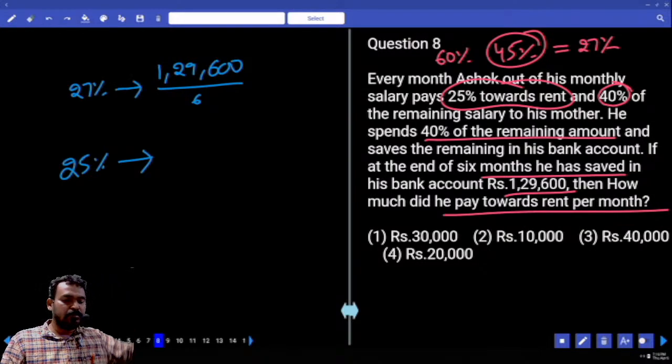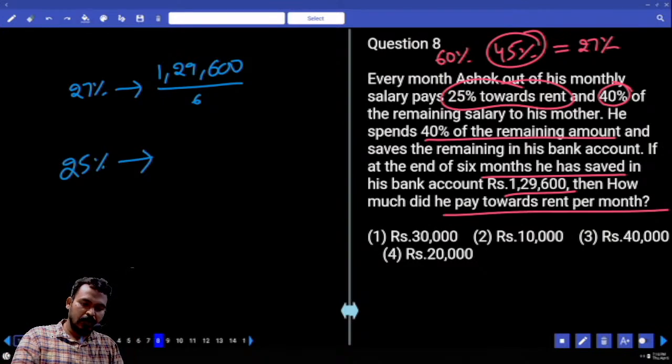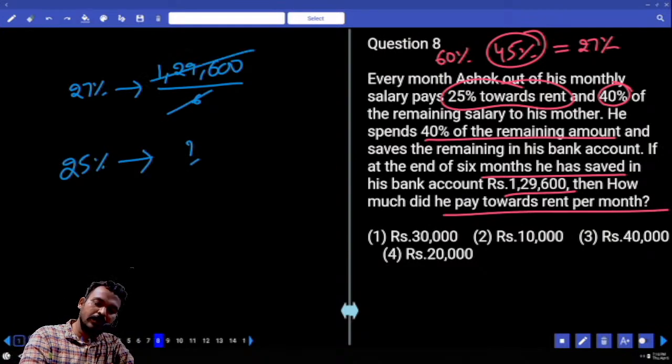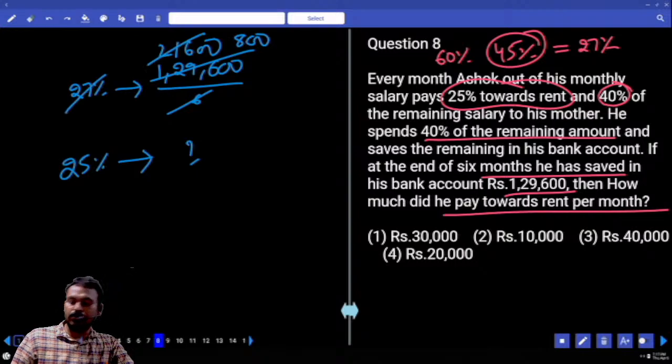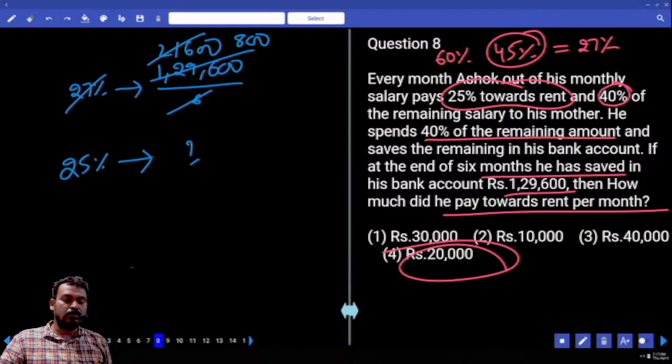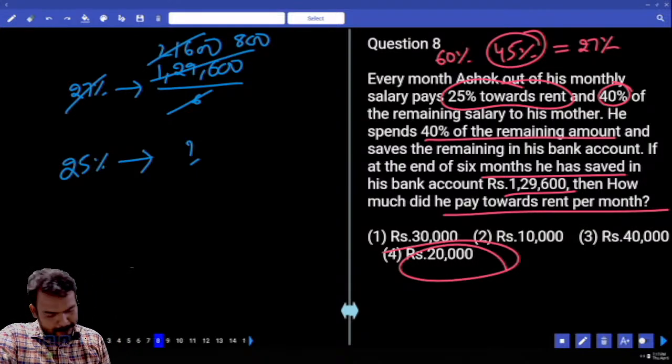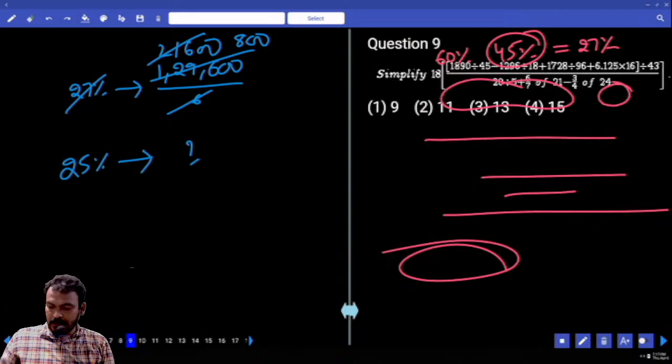Then 27% is 1,29,600 divided by 6. But we required how much? 25%. First, 6 how many times? 2 times, 1,6,00. 27 almost 8 times. 800 into 25. 20,000. Next.